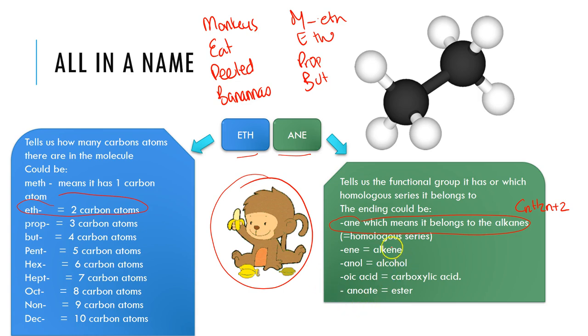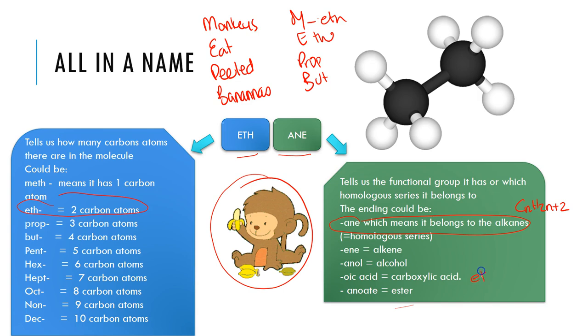These are some of the other functional groups we'll come to meet later. So ENE means it's an alkene. ANOL means it's an alcohol. Anoic acid means it's a carboxylic acid, and anoate means it's an ester. You may have heard some of these before.